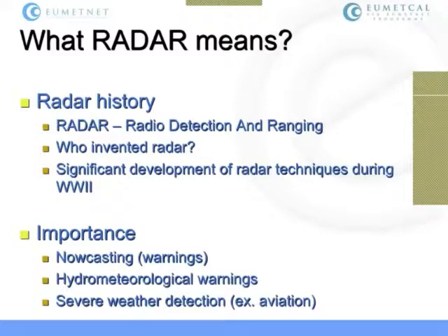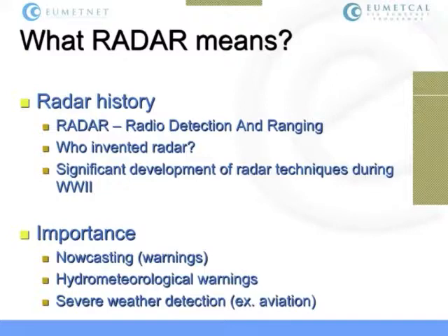So, like I said, the importance of radars is that they are used in nowcasting, which is the very short-term weather forecasting. For example, here in Romania, we have this division in the national forecasting centers, where weather forecasters are concentrated only on detecting and watching the evolution of a storm, so they can issue warnings in case severe weather occurs.